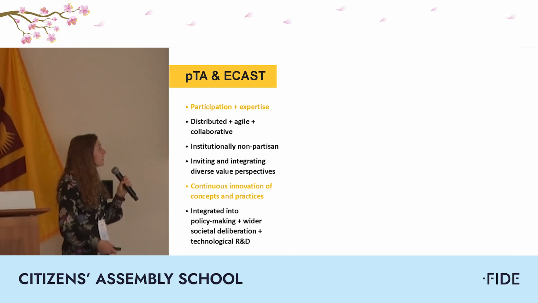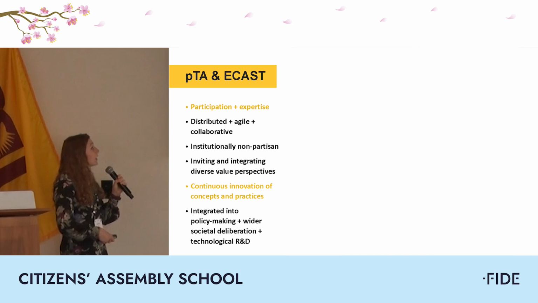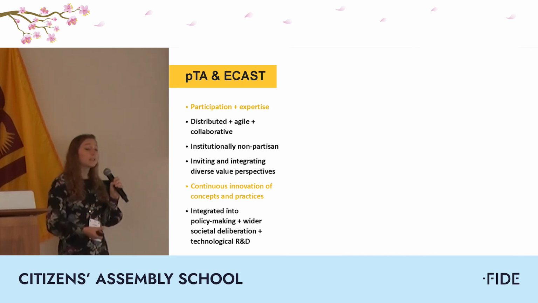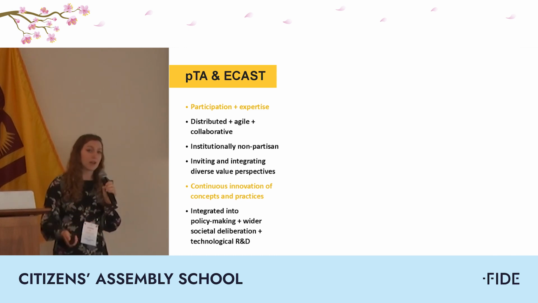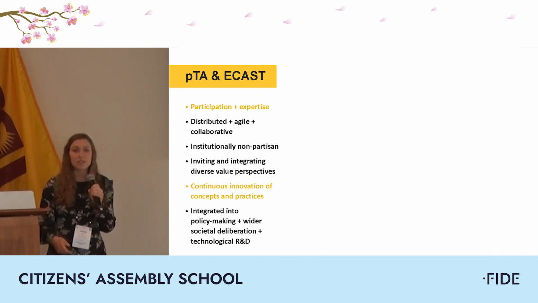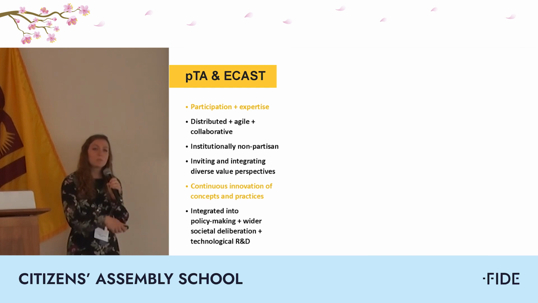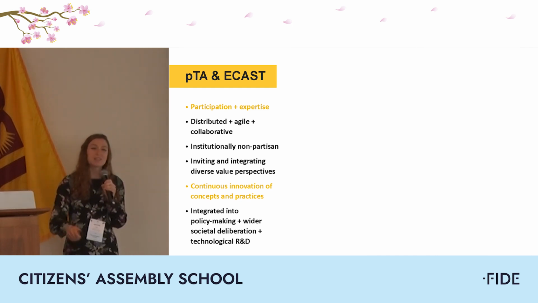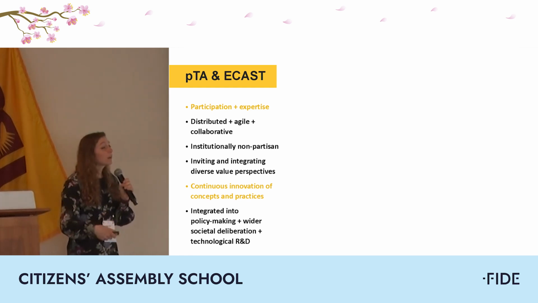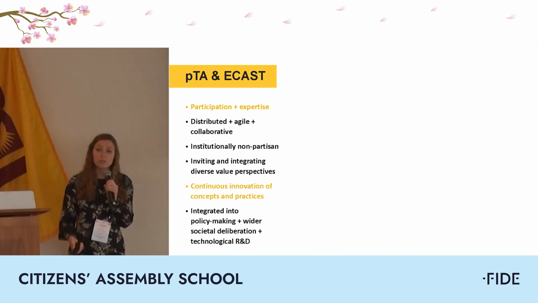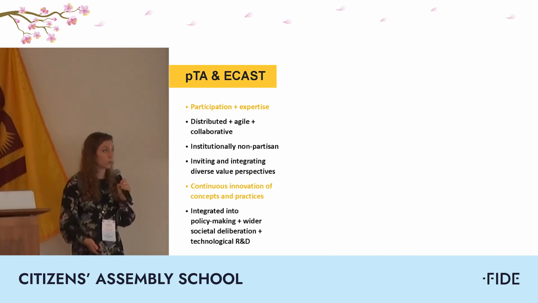Another key component is that our PTA process is continuously innovative in its concepts and its practices. Basically what that means is that, as I'll show you today, PTA has a few core pieces to its process, but exactly how we go about that from project to project is very responsive to the particular policy and technology context that we're in.